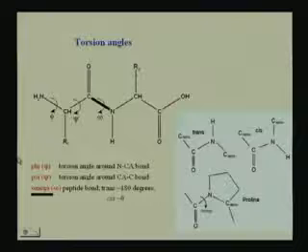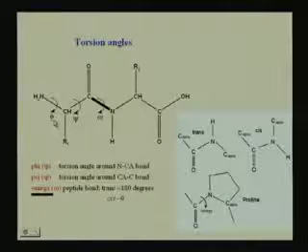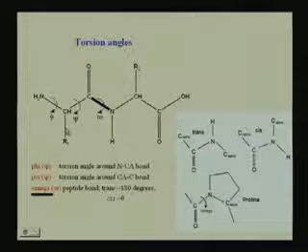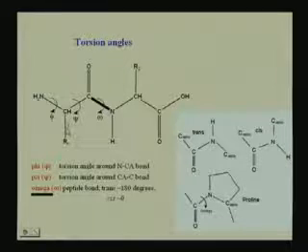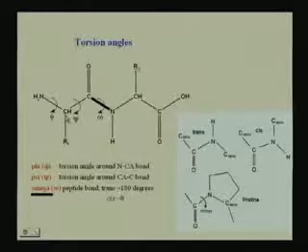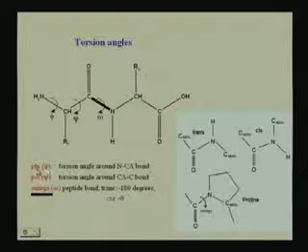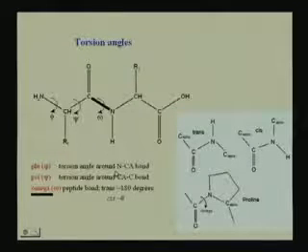So now if I consider my torsion angle here, okay, I have a torsion angle that is defined by rotation. Say I have the phi angle that is defined by rotation about the N C alpha bond. What does that mean? This is my N, this is my C alpha.